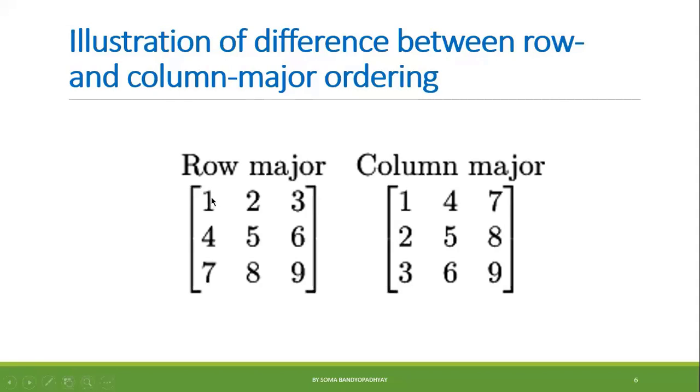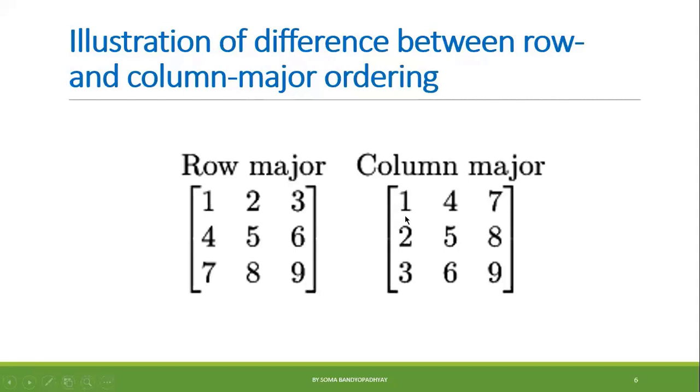So, in case of row major order, the elements are stored in this way: 1, 2, 3, then 4, 5, 6, then 7, 8, 9. So the 0th row will be filled first, then the first row, then the second row.